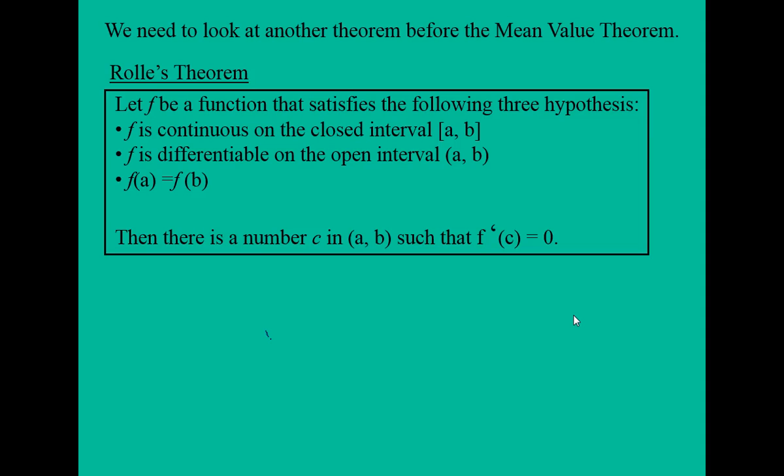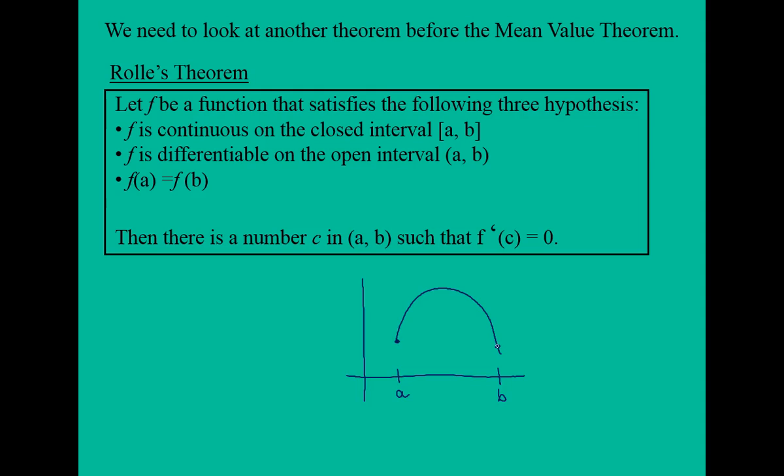Let's think about this graphically. If we have a continuous function on a closed interval, let's draw a continuous function on a closed interval, and I can see that in criteria number 3, f of a has to equal f of b. So if this is a and this is b, here's a continuous function where f of a equals f of b.